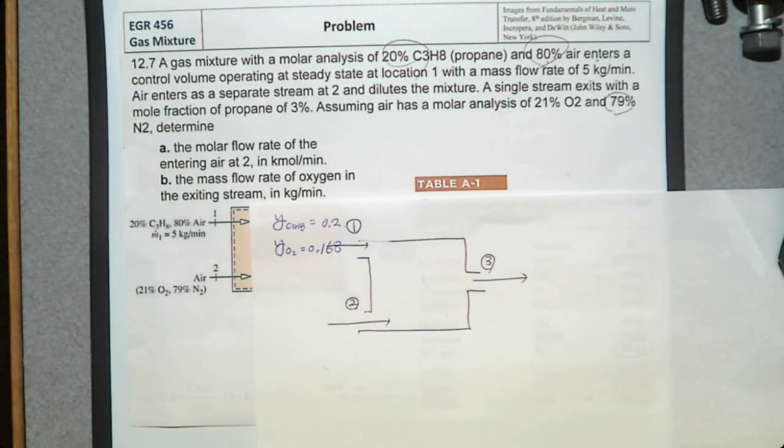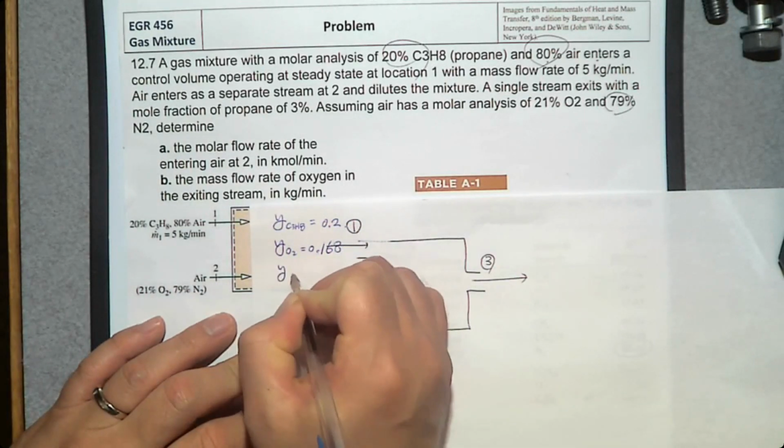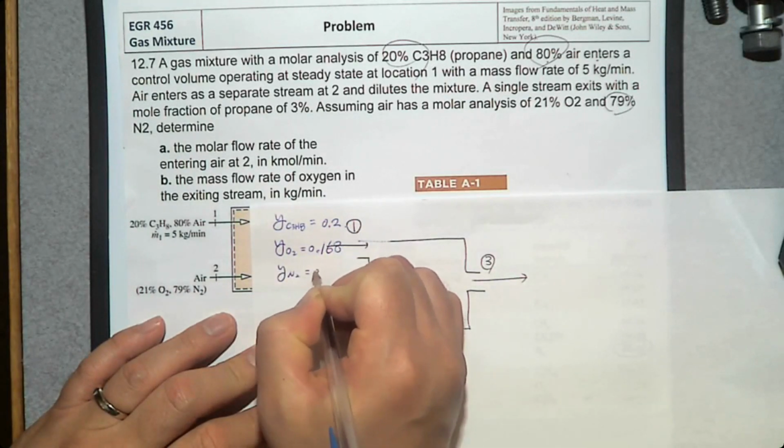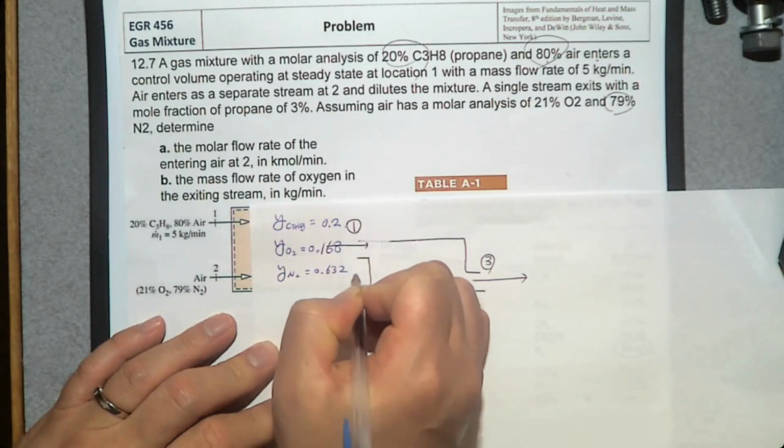And the mole fraction of nitrogen is going to be 79% of 80%. So that is 0.8 times 0.79, so 0.632. So the mole fraction of nitrogen is going to be 0.632.